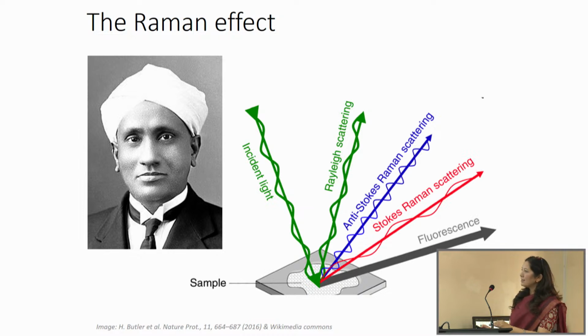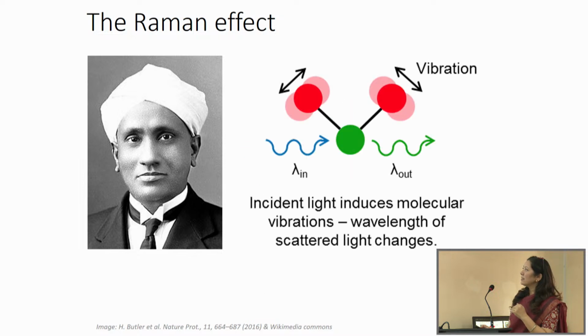This technique, Raman's technique, also tells us that incident light induces molecular vibration, and then the wavelength of the scattered light changes, either Stokes or anti-Stokes.